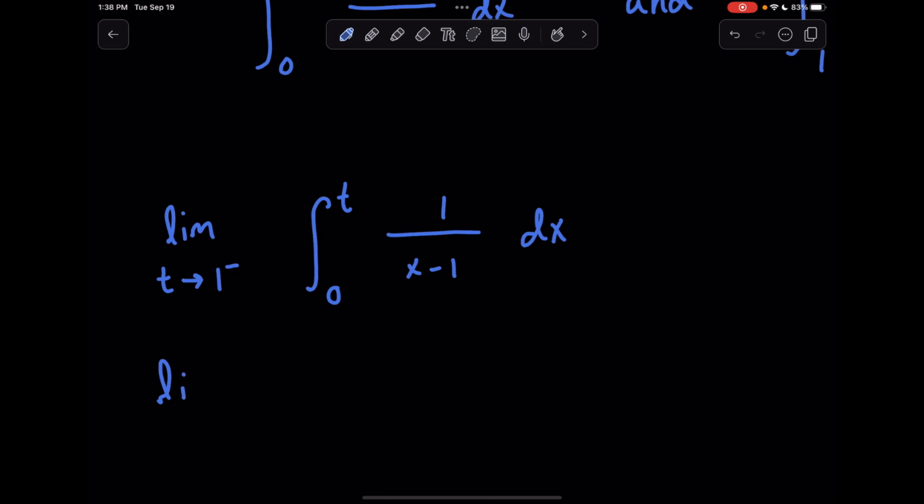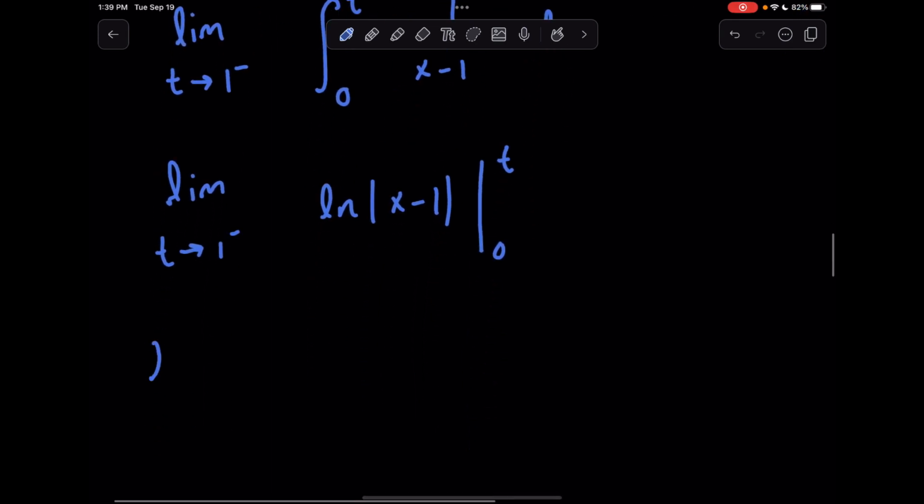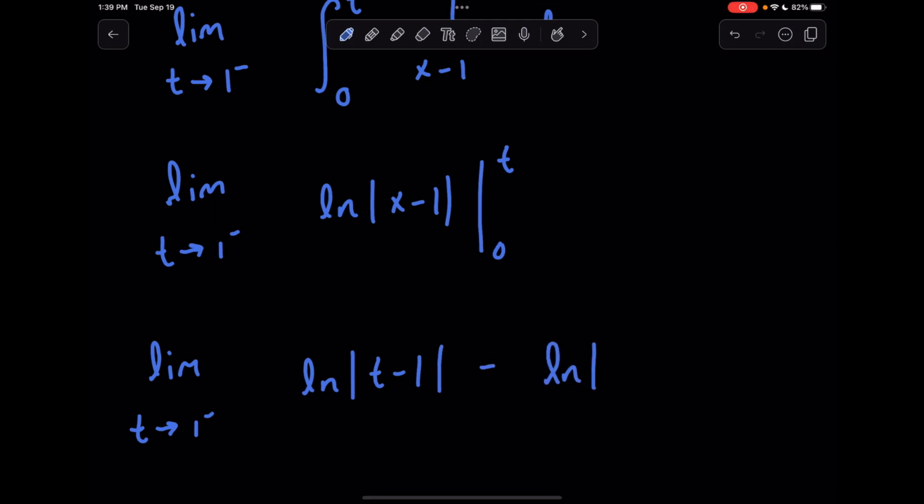So this will become the limit as t approaches 1 from the left, ln absolute value of x minus 1 on the interval from 0 to t. Plugging in, we get that this is the limit as t approaches 1 from the left of ln of absolute value of t minus 1 minus ln absolute value of negative 1. ln absolute value of negative 1 is the same as ln of 1, which is just 0.